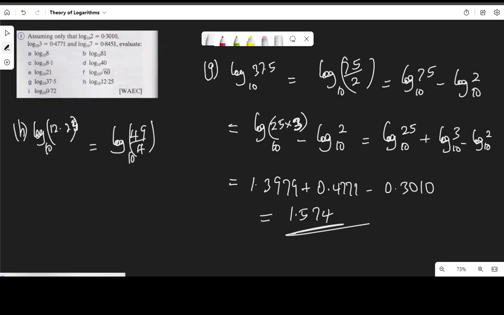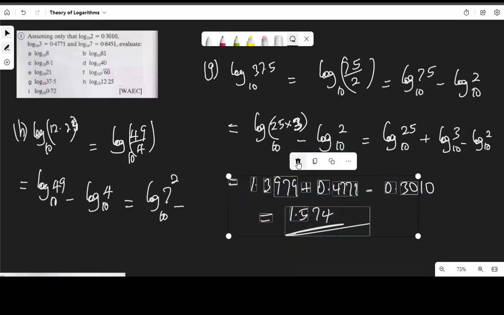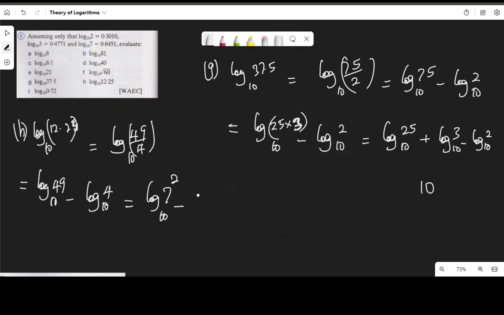49 divided by 4 just gives us 12.25. So we can write this as log 49 to base 10 minus log 4 to base 10, which is log 7 squared, that is 7 times 7 is 49, minus log 2 squared, 2 times 2 is 4, to base 10.